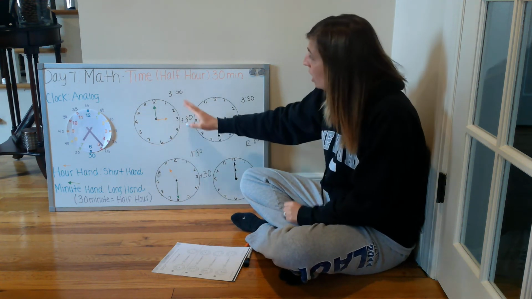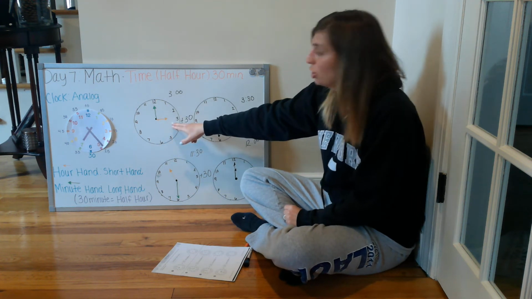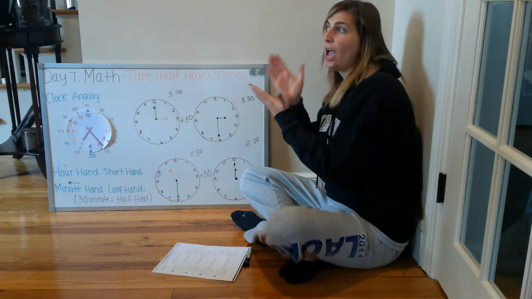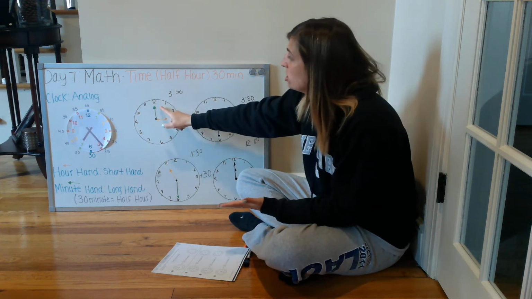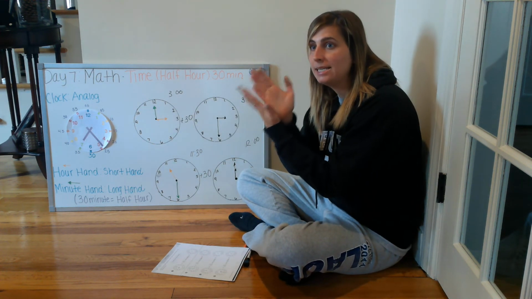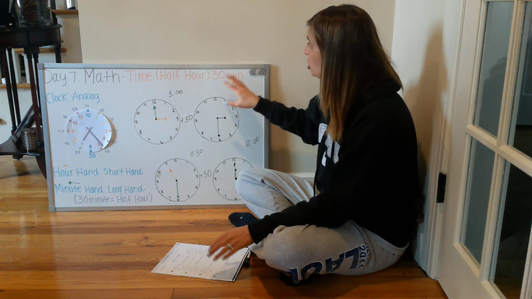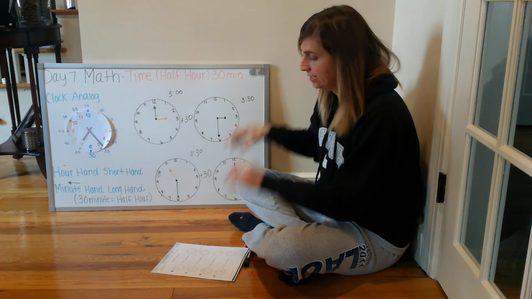Remember that your hour hand is your shorthand and your minute hand is your longhand. So when you're adding 30, you're always starting at where your minute hand is and you're counting to 30, okay? So we're just working with time to the half hour today.